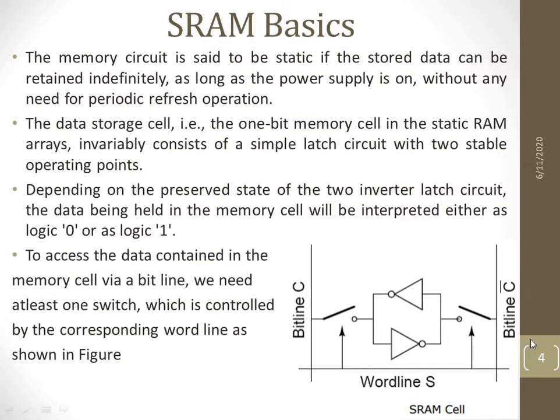To access the data contained in the memory cell via this bit line or bit line bar, we need at least one switch which is controlled by the corresponding word line. So this is the word line, this is the bit line, and this is the bit bar line. These switches are for accessing these bit lines from the word line.